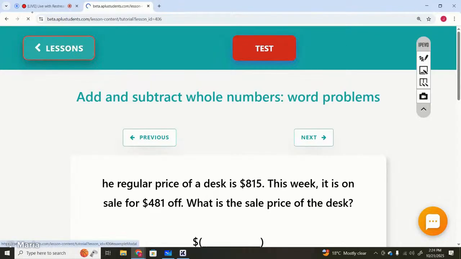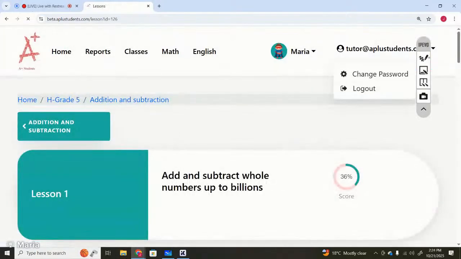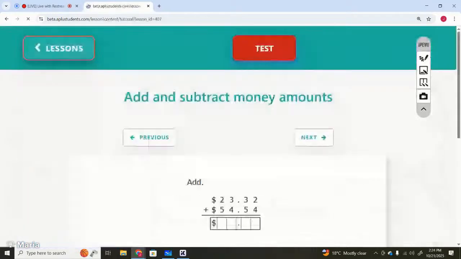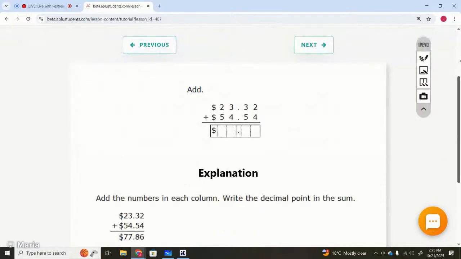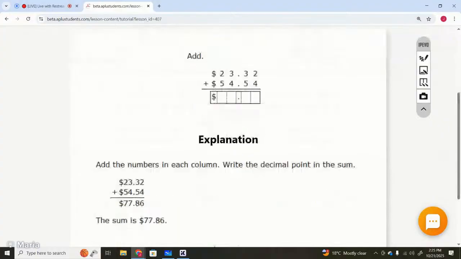The next lesson is add money amounts. So money amounts are exactly the same as numbers.